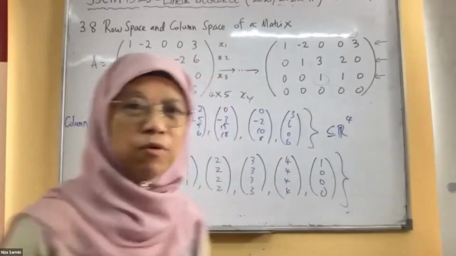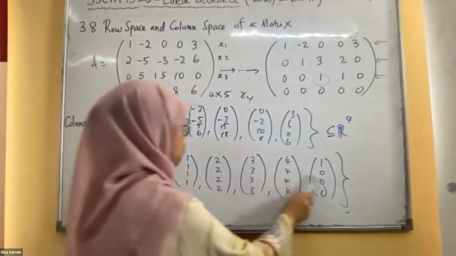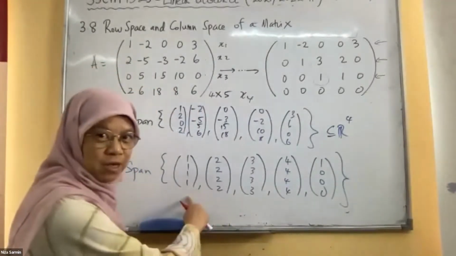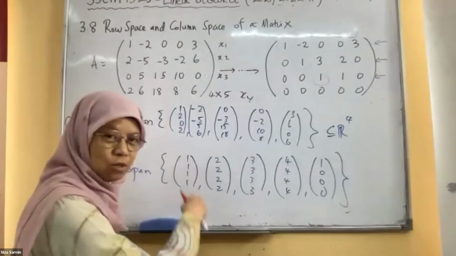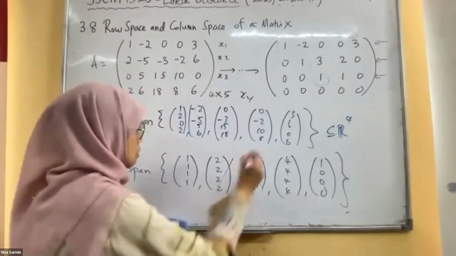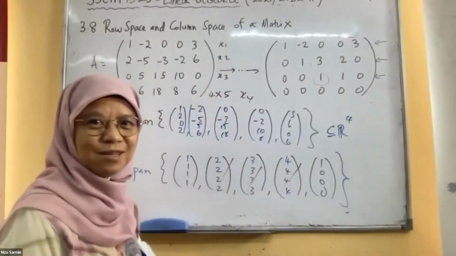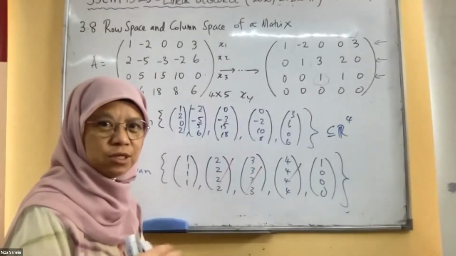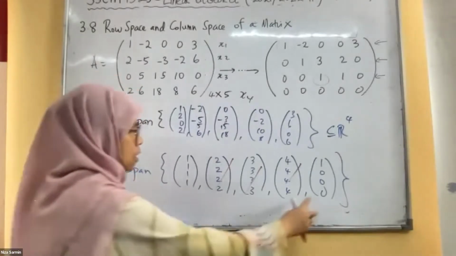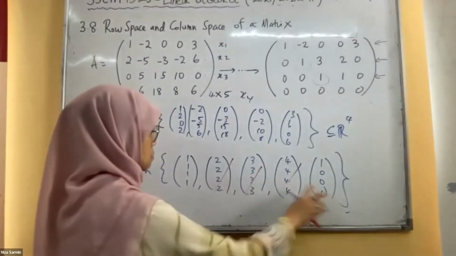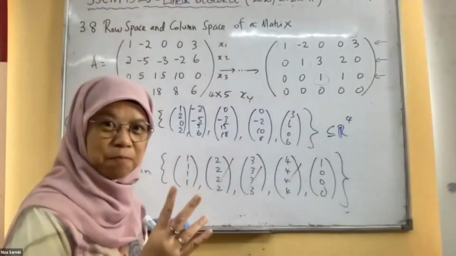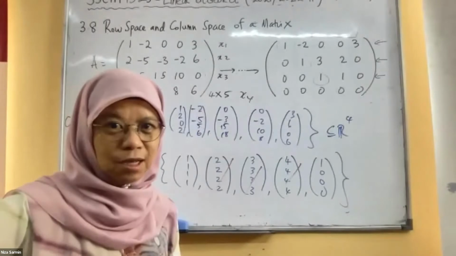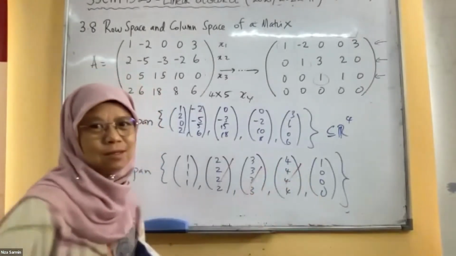Suppose this is the column of a matrix. 1, 2, 3, 4, 5. Definitely this is a multiple, right? So if you take the span, it's on the line. So you don't need those because it's just a multiple of this. When you take linear combination, you will get that number. And you just look at these two. They are not multiples of the other one. So even if you reduce, doing long work, you will get these two at the end.